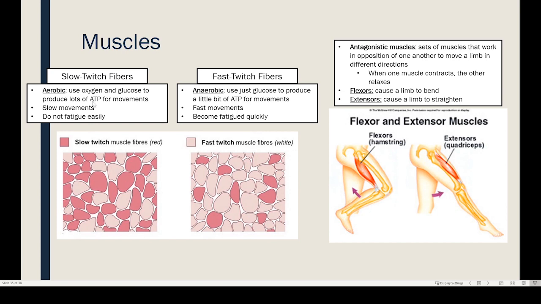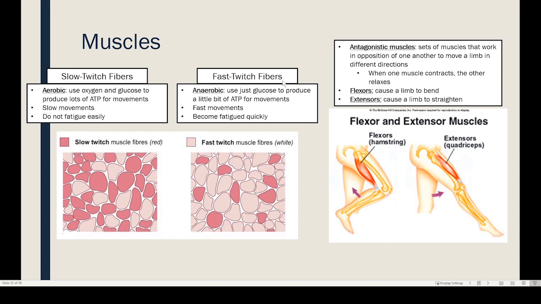So these slow twitch fibers produce really slow movements, and they don't fatigue very easily. So a muscle that is high in slow twitch fibers would be useful in like marathon running. So people who are long distance runners probably have a lot of slow twitch. They can keep moving over and over again for a really long time.